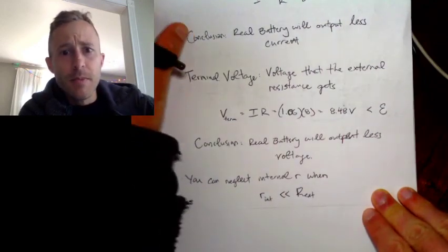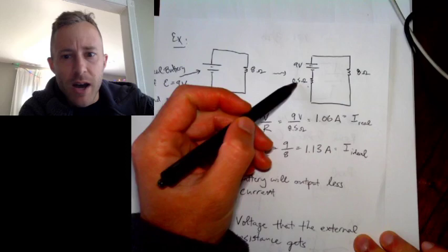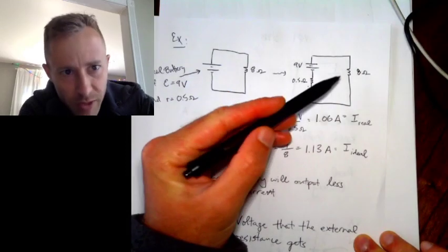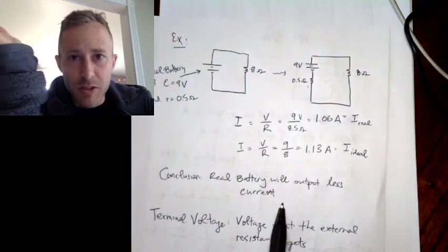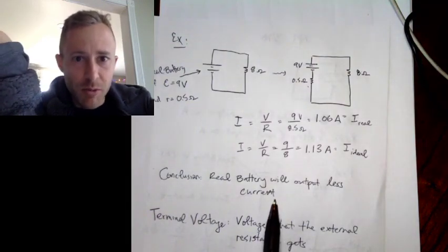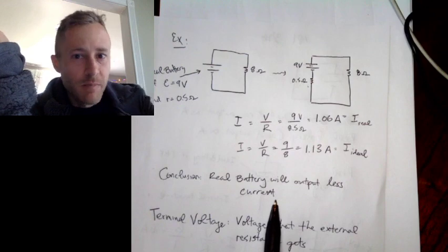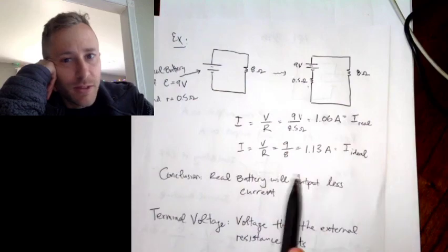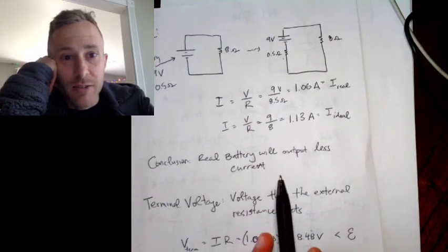Okay? So going here, is 0.5 much less than 8? It is less than 8, but I wouldn't say that it's much less than 8, so I probably wouldn't neglect it in that case. But if this were like 800 ohms or something, 800 compared to 0.5, that's much greater. 800 is much greater than 0.5, so you could neglect the internal resistance in that case.